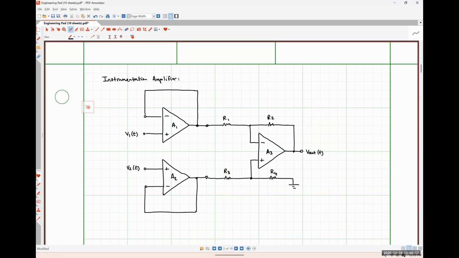So we can see that amplifier A1 and amplifier A2 are just unity gain buffers. The signal present at this node right here, by inspection, because we know how a unity gain buffer works, is just going to be an exact copy of V1 of T. And similarly, the voltage at this node is just going to be an exact copy of V2 of T.